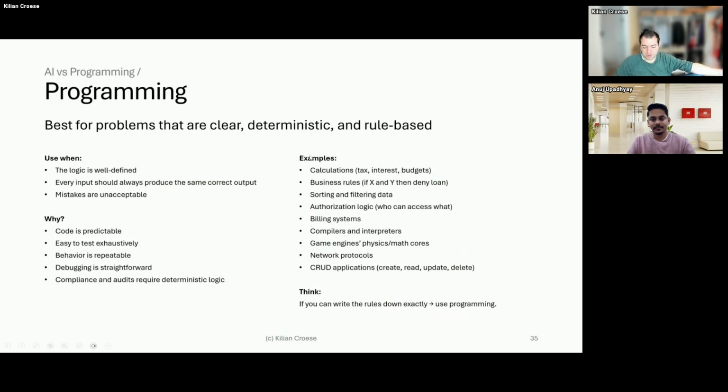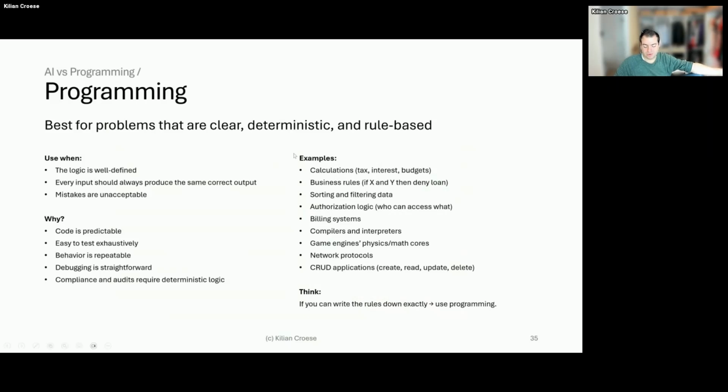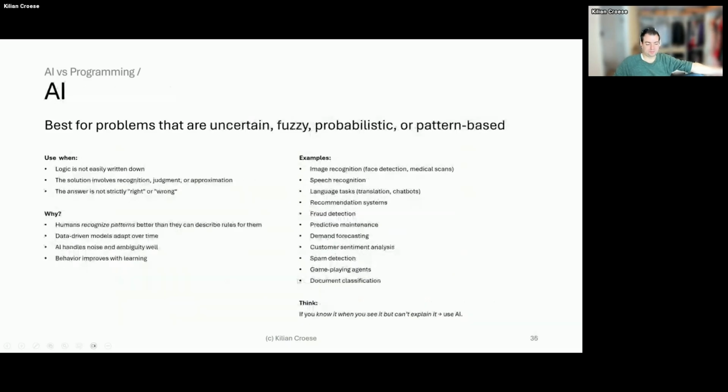Some examples we've seen: calculating things, capturing business rules, sorting, filtering, authorization. You don't want to randomly have 3% of the people be authorized when they're not. Billing, compilers, interpreters, and some others. In summary, if you can write down the rules exactly, then it's typically a programming problem.